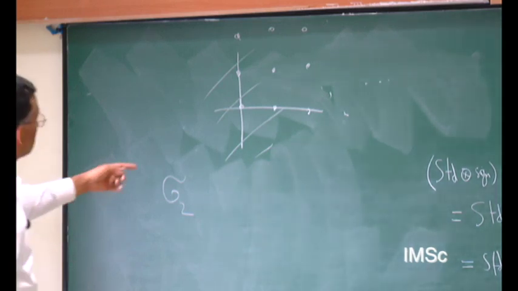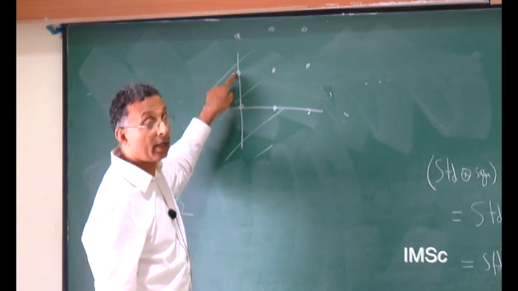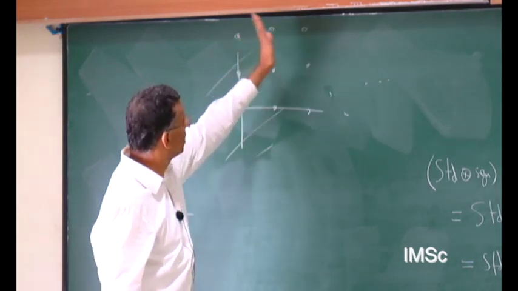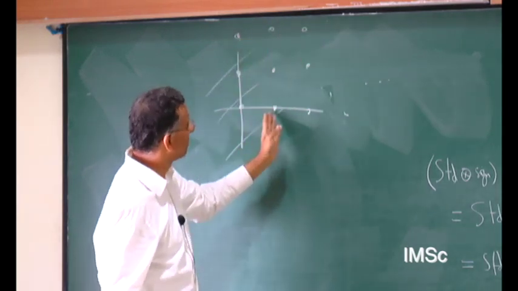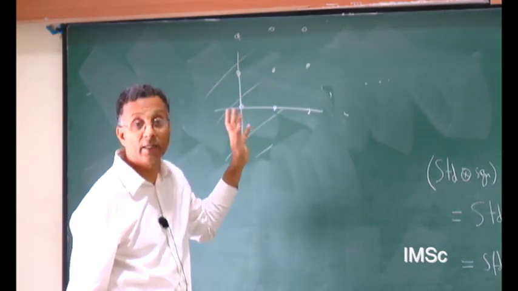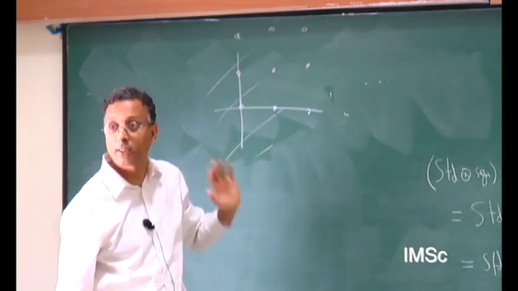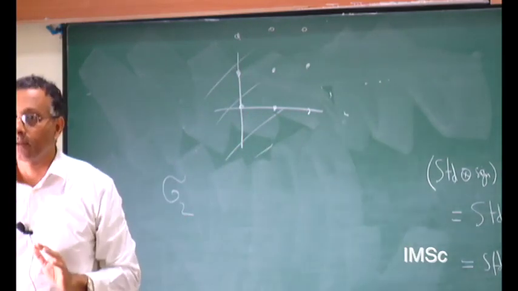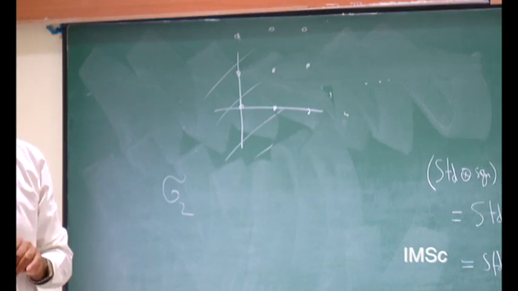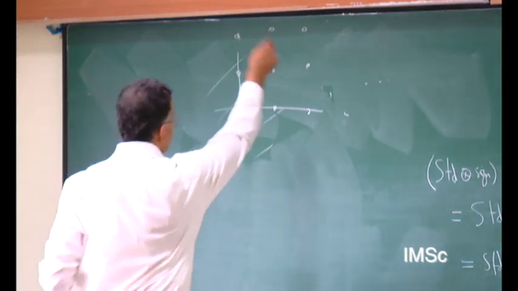This is the trivial character, this is the sign character, and any character is only an integral linear combination of these. It's some 5 times this and 7 times this. It's a non-negative integral linear combination of these. So it's the integral points in the quadrant, whereas a class function is any point on this vector space.